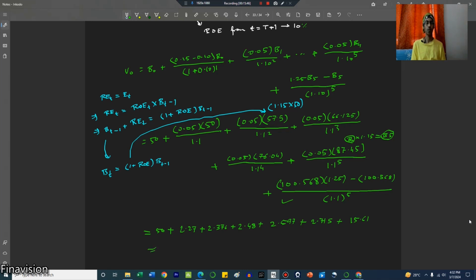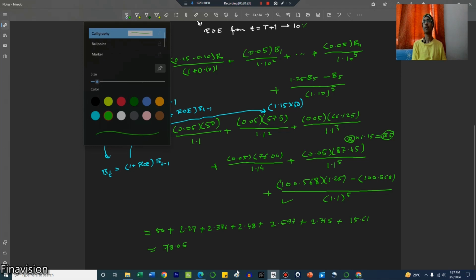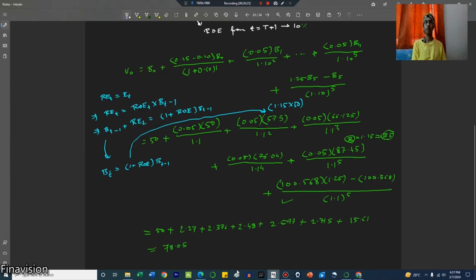We sum up the entire value, so the answer comes to 78.05. This is our final answer, friends. V0 is equal to 78.05. This is according to Bauman's model, which contains the premium.